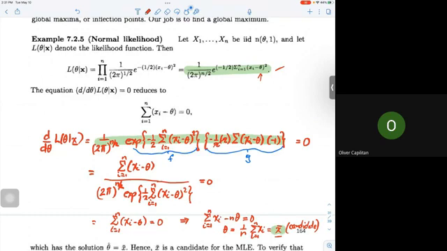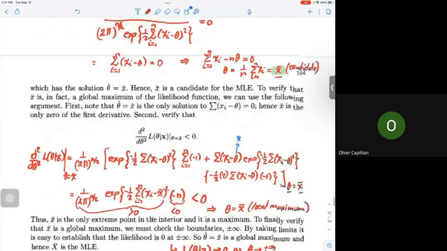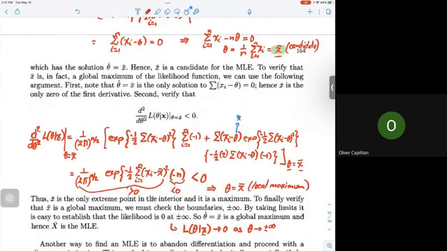So 1 over positive infinity would be equal to 0. It approaches 0. Same thing if we're going to take theta to be negative infinity. So the likelihood function of theta given x approaches 0 as theta approaches positive or negative infinity.